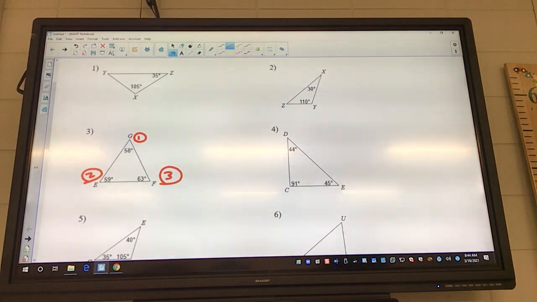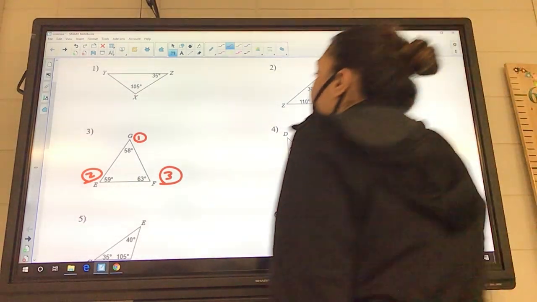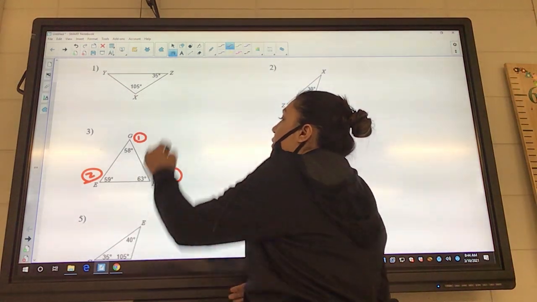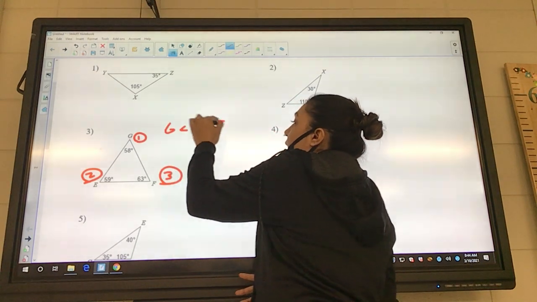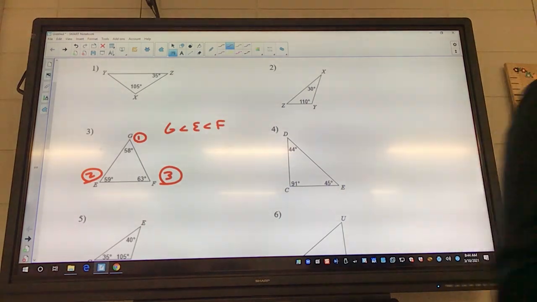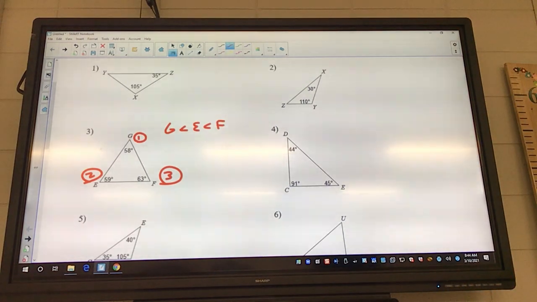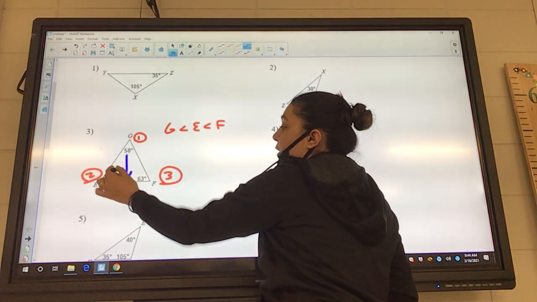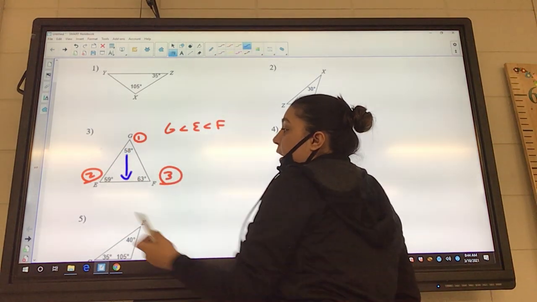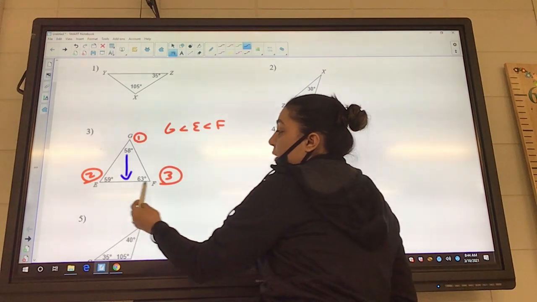Technically, if you were to label these angles, G is smaller than E is smaller than F. But they don't want us to label the angles, they want us to label the segments. How you label a segment is, if you start at G, you look at the opposite direction and label that segment. A segment is labeled by 2 parts.